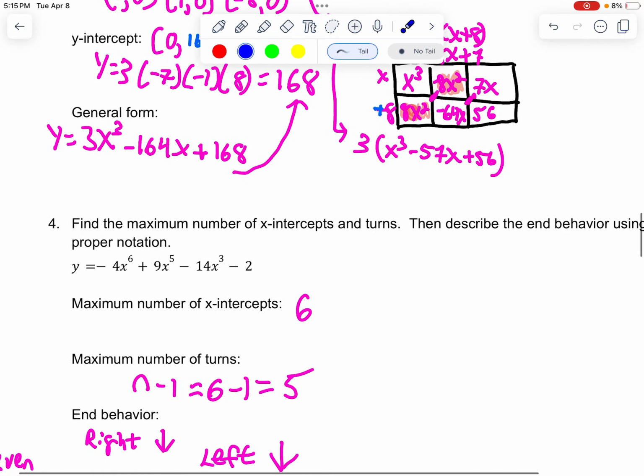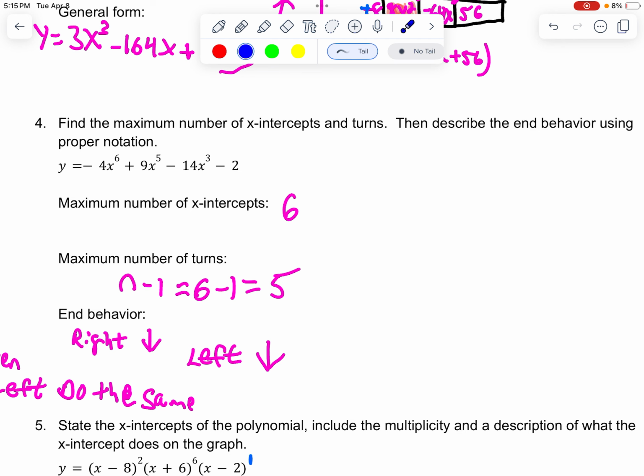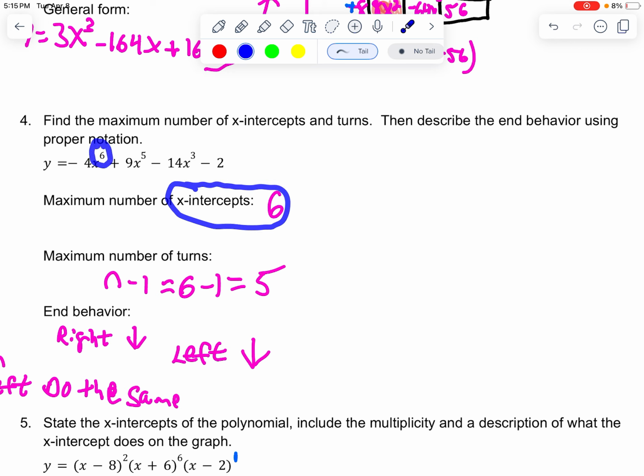All right. Now, for question number 4, it says, find the maximum number of x-intercepts and turns. Then describe the end behavior using proper notation. It says proper notation, but I'm not going to hold you to that. Notice this is in standard form, so it goes highest power to lowest. The maximum number of x-intercepts, of zeros, will be the degree of the polynomial.